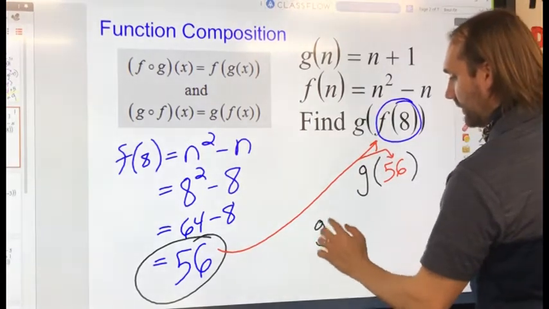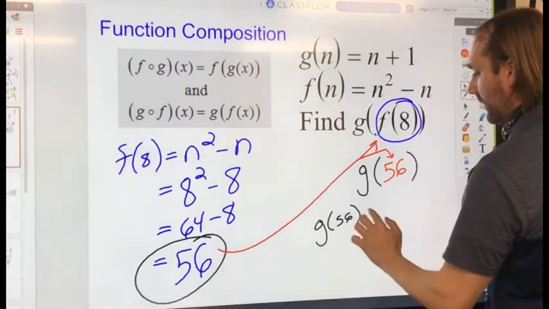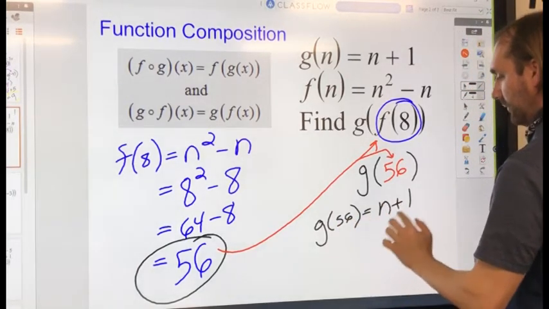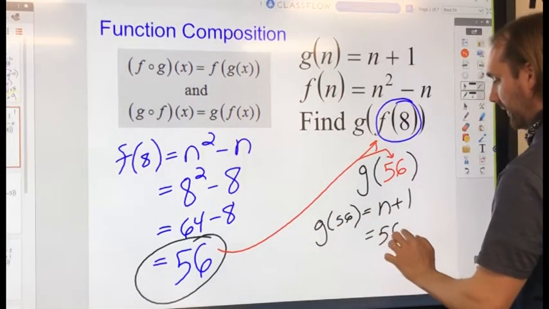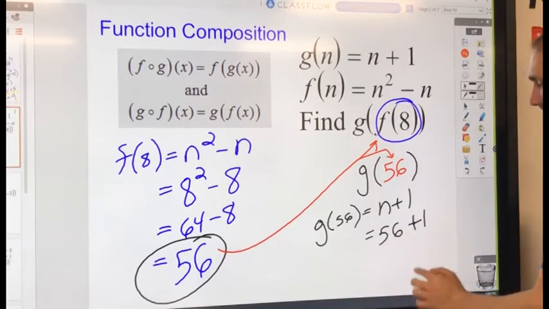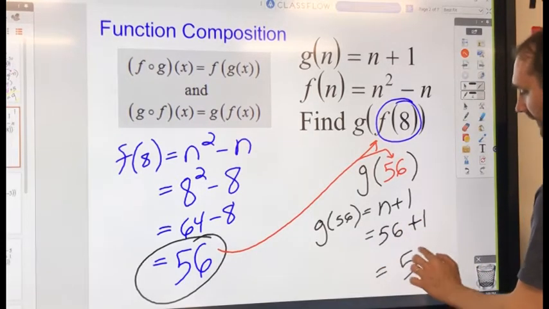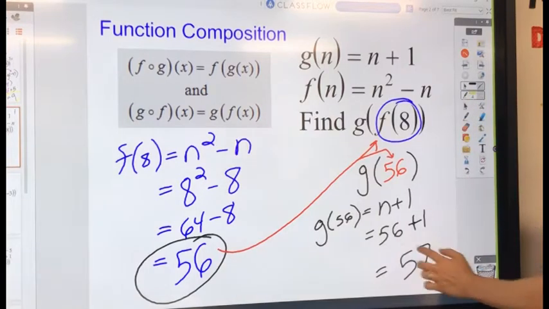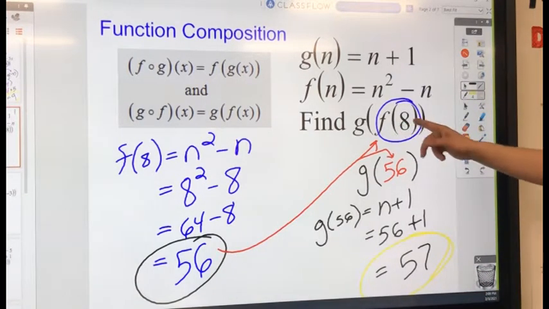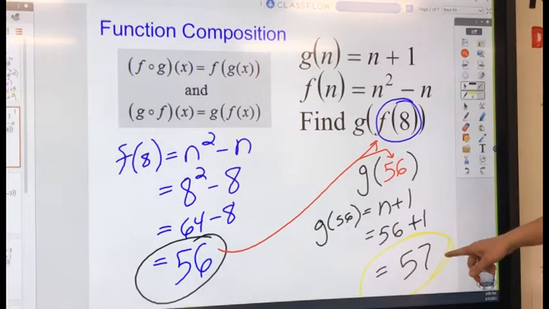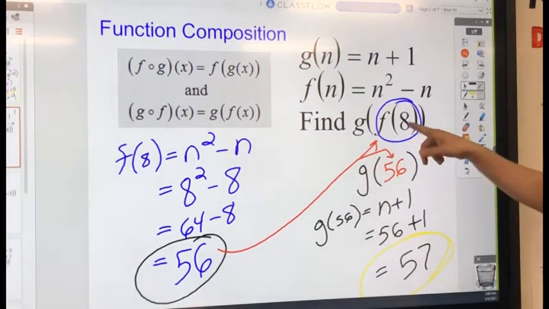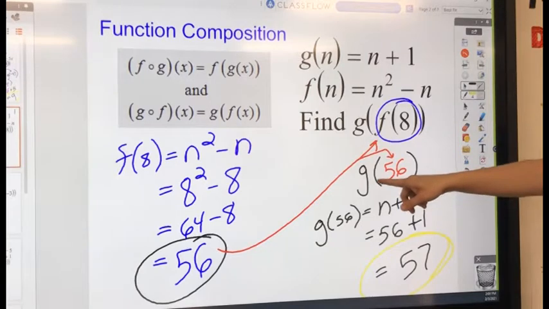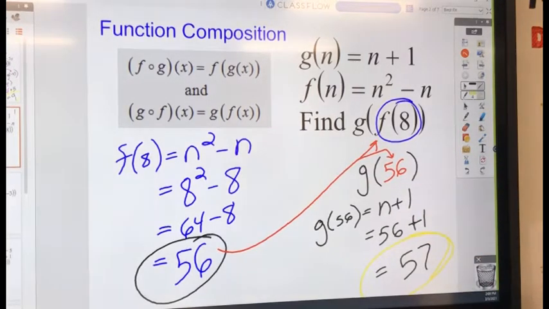So g of 56 equals n plus 1, so it's 56 plus 1. 57. So what is g of f of 8? Well, that is 57, by first evaluating f of 8, finding that value, and finding g of 56 and calculating that value. 57.